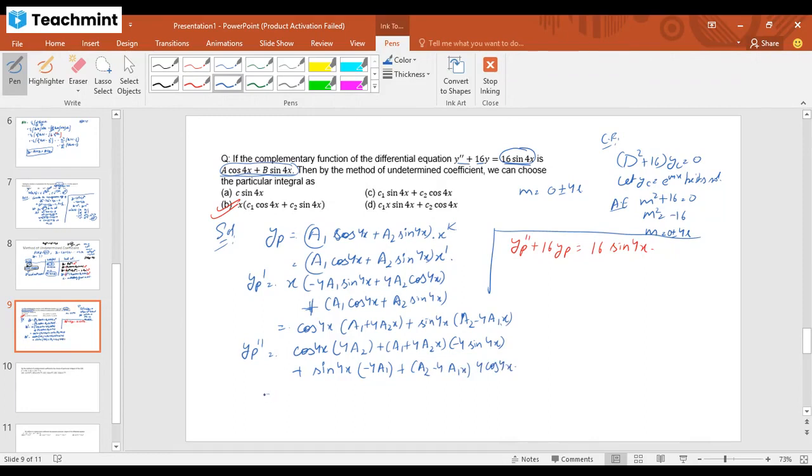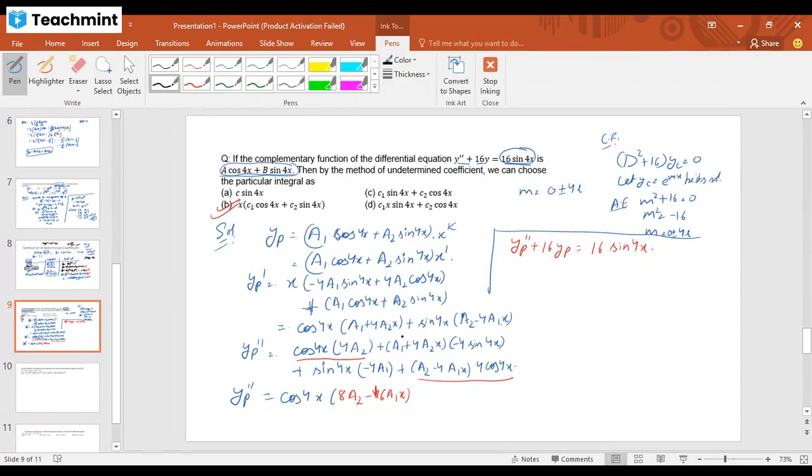Again, if we compile the coefficients of the cosine and sine functions, the coefficient of cos 4x is given by this term and this term. So 4a2 plus 4a2 is 8a2, minus 4a1x minus 16 times a1x, 4 into 4, right?